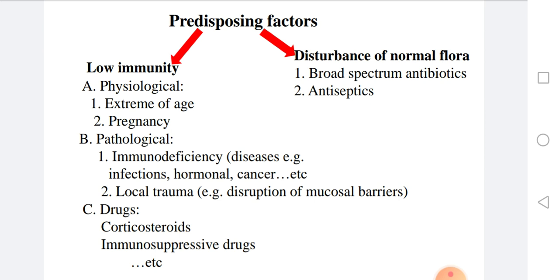B. Pathological causes of low immunity. Number one, immunodeficiency caused by diseases, infections, as in viral infections. The example of viral infection is HIV infection that leads to AIDS.